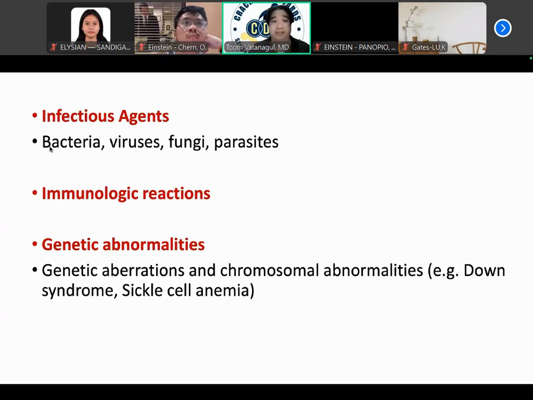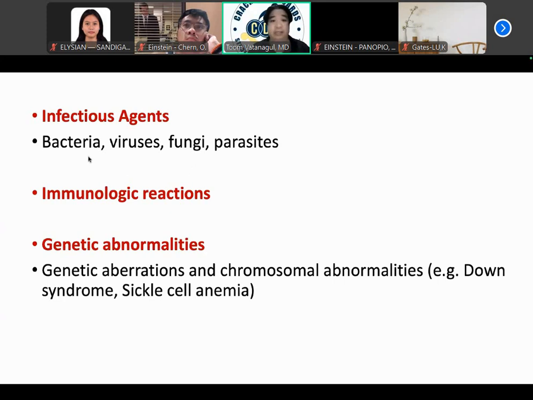Now, under infectious agents, they can either be a bacteria, a virus, a parasite, or a fungus.